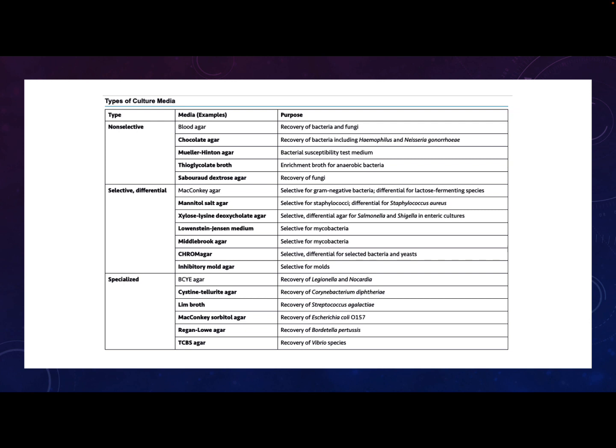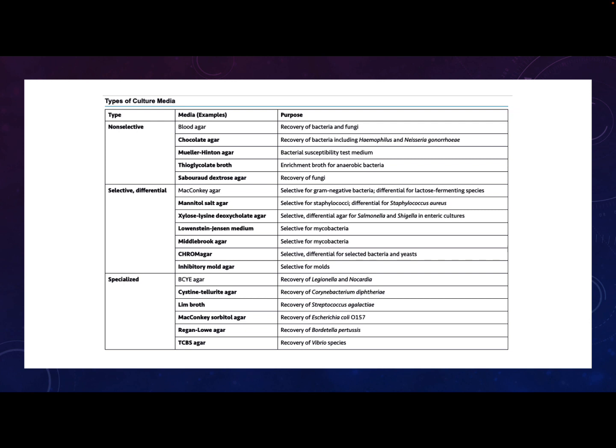And then you have these selective or differential, sometimes both, types of media that will only grow a certain type of bacteria, and it might let you tell different bacteria apart. I know here in bacteriology we use things like mannitol salt agar. It's selective for staphylococcal species, but then ones that can ferment mannitol, like Staph aureus, will be yellow, whereas other staph species like Staph epidermidis will be white.